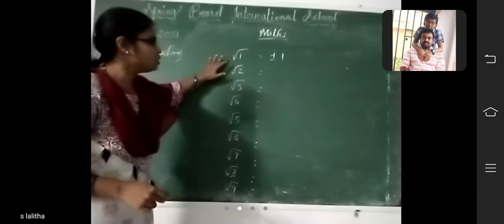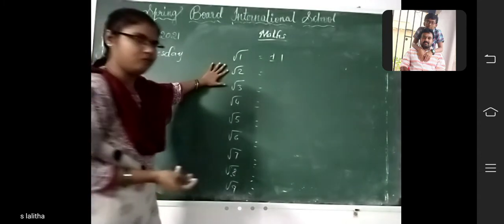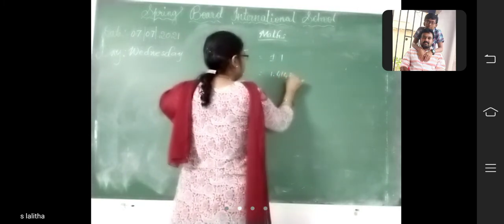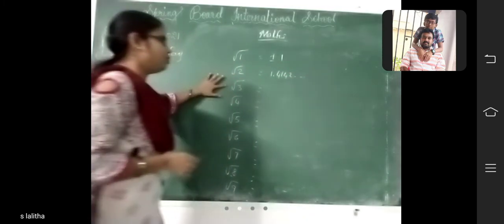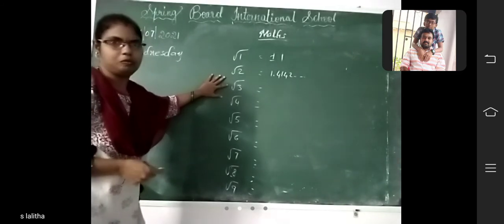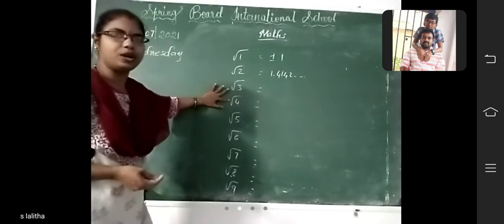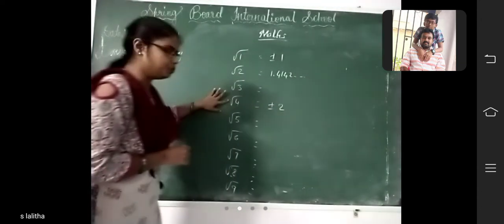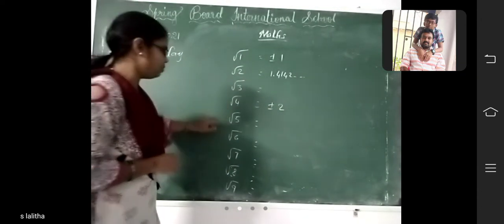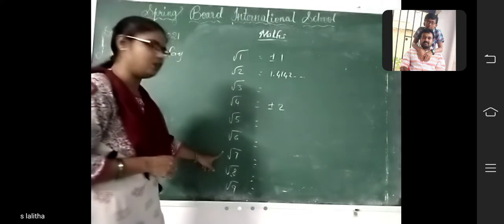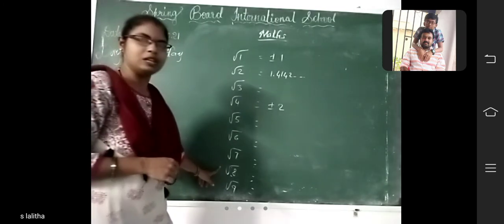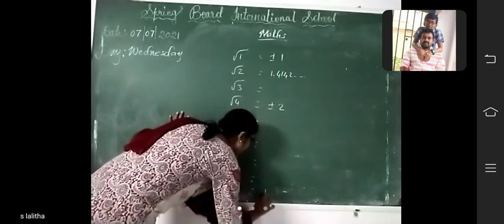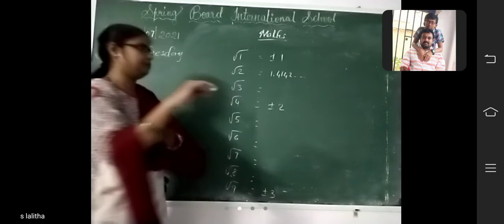And square root of 2, now only we found the value: 1.4142 and so on. Root 3 value we don't know. Root 4 value is plus or minus 2. Root 5, 6, 7 and 8 values we don't know; we have to find them. Root 9 value is plus or minus 3.